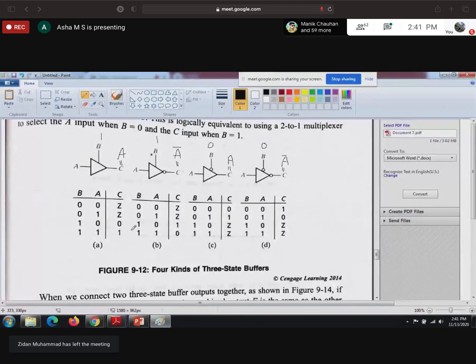So check the next combination, B equal to 1. B equal to 1 means the buffer is enabled. So what is the value of C? The value of C is the inverse of A because C is inverted. So what is the value of A? The value of A is 0, so the value of C will be 1.